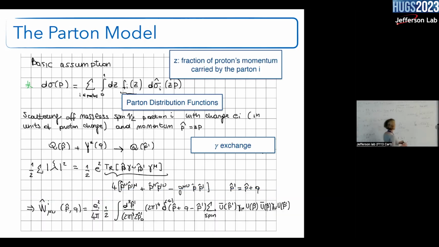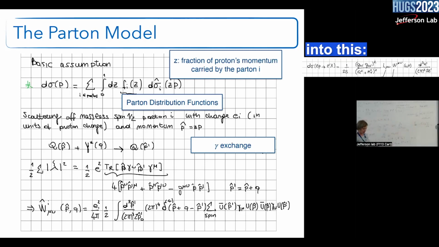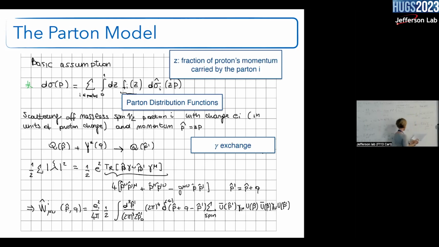And then you say, okay, now what happens if I plug this model into my old derivation before? This is something that I did in the notes, and you can follow through, and I can talk to those interested this afternoon. The interesting thing is that now this bit is extremely trivial to calculate. When you look at the hadronic tensor for each of the partons, this is a QED current, like the one we calculated for the leptons.